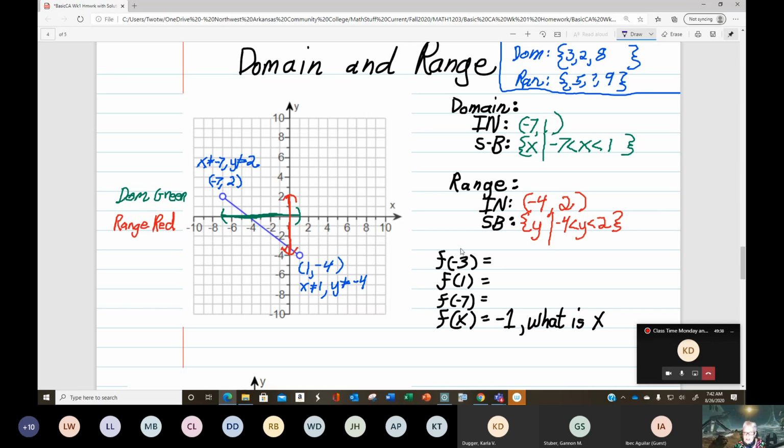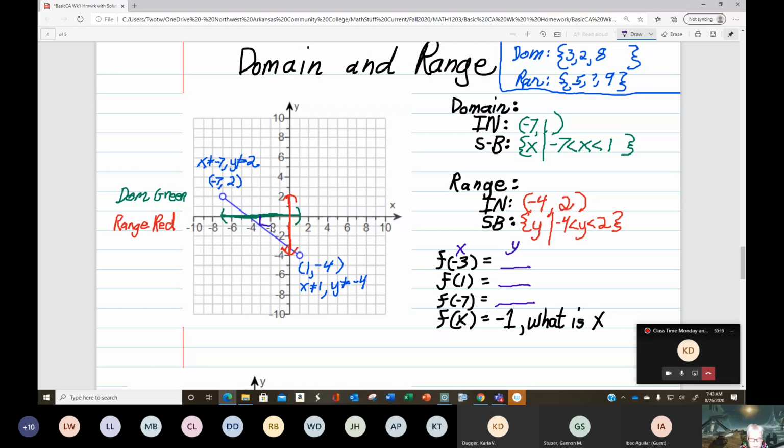F of -3. What's in the parentheses is always the X. The answer you get is always the Y. So to find the Y that goes with -3, what the function does is it connects the X and the Y. So I go to -3, -1, -2, -3, and I go to the graph, and the graph stops me.